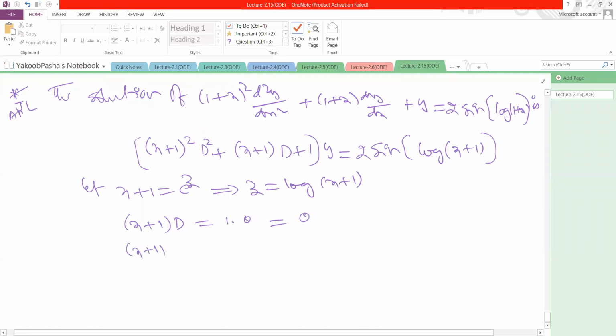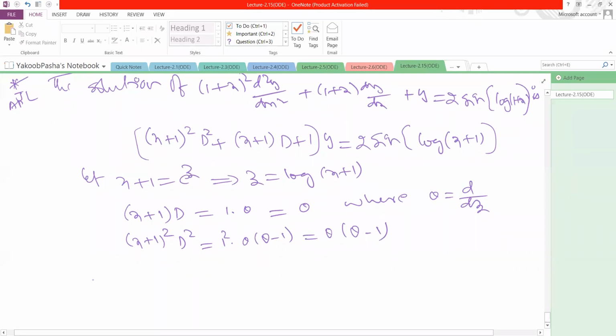Next, (x plus 1) whole square into d square is 1 square into theta into theta minus 1, nothing but theta into theta minus 1, where theta is d by dz. For convenience I am writing this; you can also directly substitute. Therefore this is theta into theta minus 1 plus theta plus 1 into y is equal to 2 sin z, where log of x plus 1 is z.